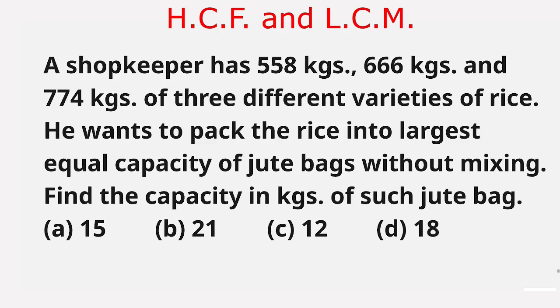Our question is, a shopkeeper has 558 kgs, 666 kgs and 774 kgs of 3 different varieties of rice. He wants to pack the rice into largest equal capacity of jute bags without mixing.